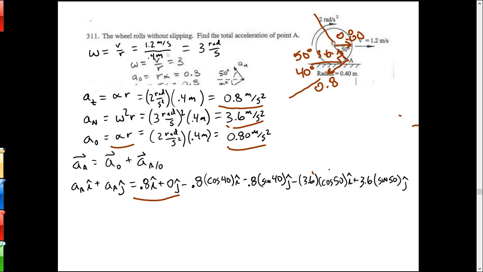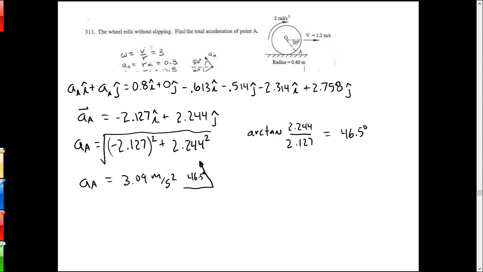So we doing all right with that? Do we got any questions on that? Okay, we're good. So you got those different things to add together. You just sum up the i's and the j's. There you go. So you're going to get negative 2.13i plus 2.24j.